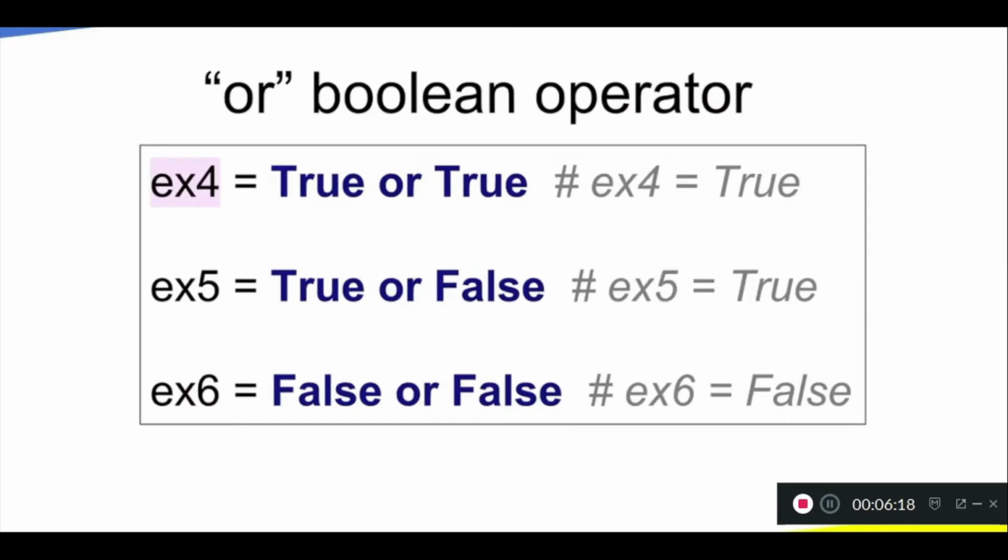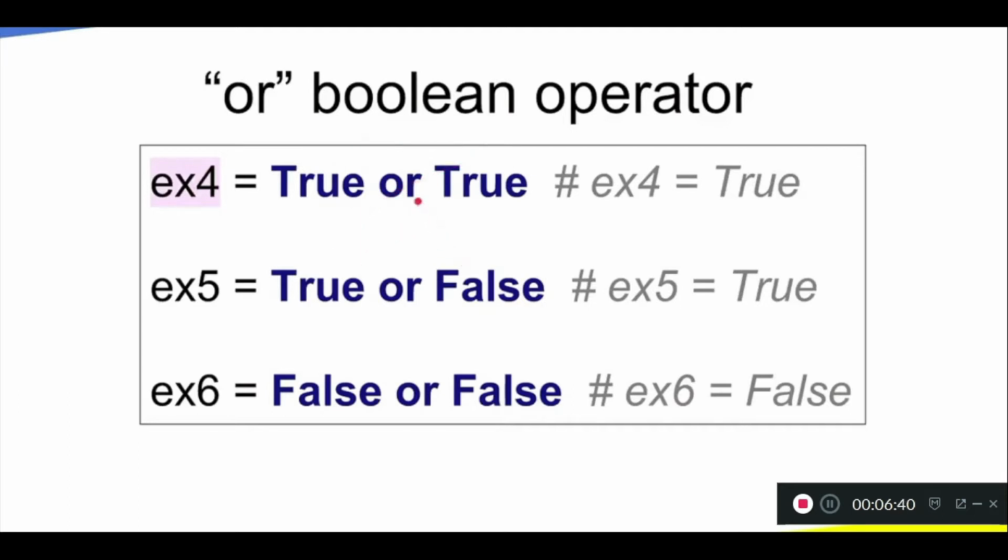Now coming to the OR operator, the case is a bit different from the AND operator. Here we will be dealing with booleans. Now example 4, as you can see, there is one true, and that results in true.